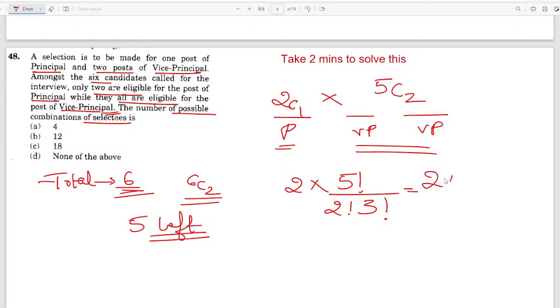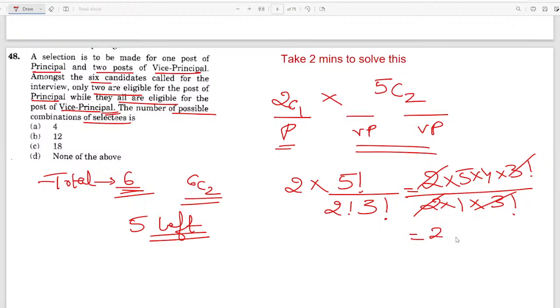This is 2 into 5 into 4 into 3 factorial divided by 2 into 1 into 3 factorial. The 3 factorial and 3 factorial get cancelled. 2 and 2 get cancelled. 5 fours are 20. There are 20 ways in which you can select the selectees. The correct answer 20 is not here, so the option is D, none of the above.